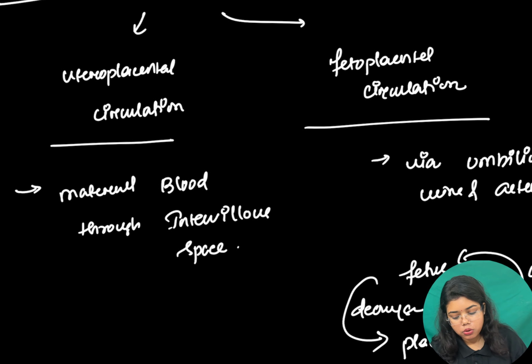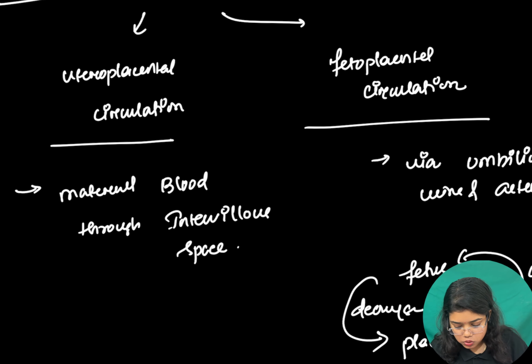This is the fetoplacental circulation. This one I will explain in detail; the complete video will be out. I will be making a simplified video with a diagram on the fetus and fetoplacental circulation, or the fetal circulation in simple words, coming very soon.